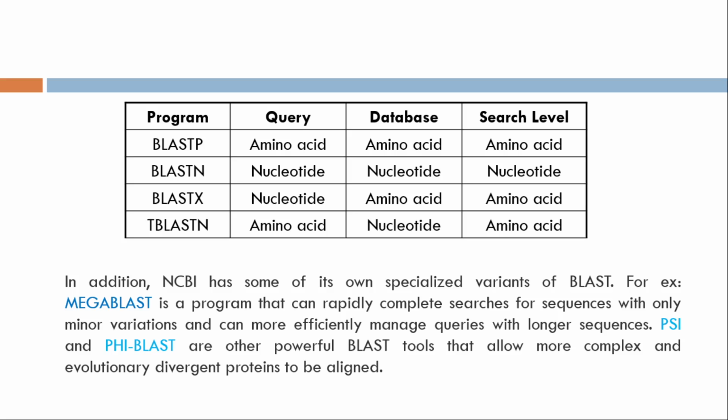PSI and PHI BLAST are other more powerful BLASTs that allow more complex and evolutionarily divergent proteins to be aligned. If your protein is too diverged and your normal BLAST is not giving you a result, in that case, if you use PSI and PHI BLAST, they have a better algorithm to detect complex and evolutionarily divergent proteins.